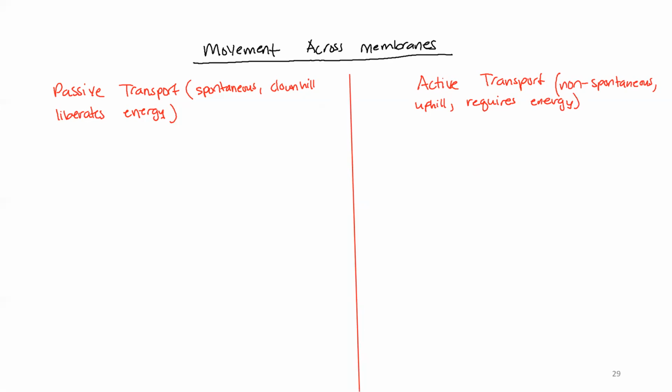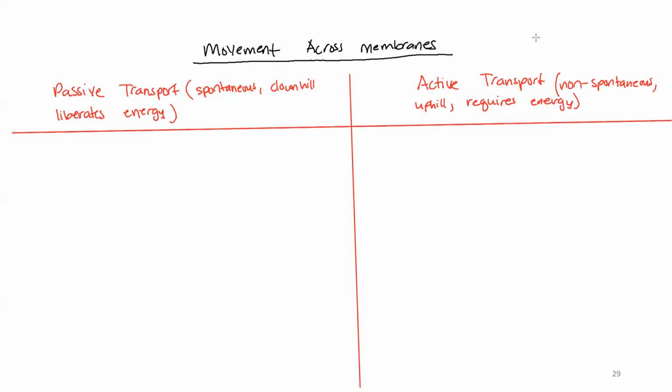We then spoke about different subdivisions or different types of passive transport here. So let's go over those at the bottom here. So the first one is that we had simple diffusion, facilitated diffusion, and channels as examples of passive transport. So let's give these each their own column here, if you will.